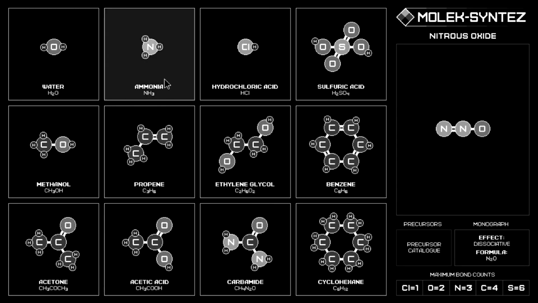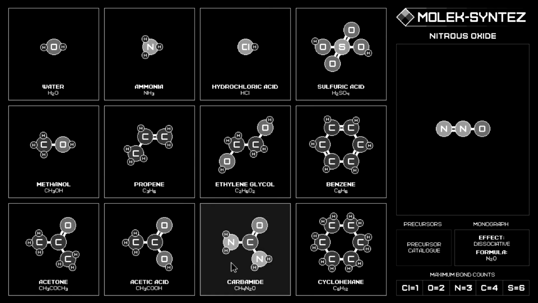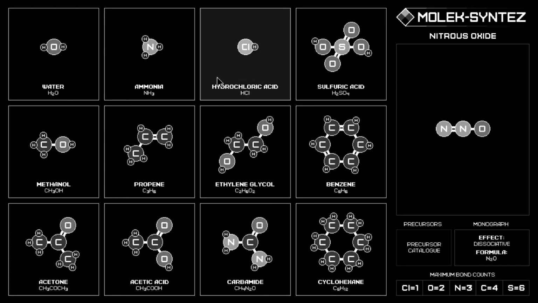There's ammonia. It's got way too many hydrogens on it, though. Can I get like a purebred nitrogen? Like, this is close, but no cigar there. Hydrochloric acid here. Nitrous oxide.